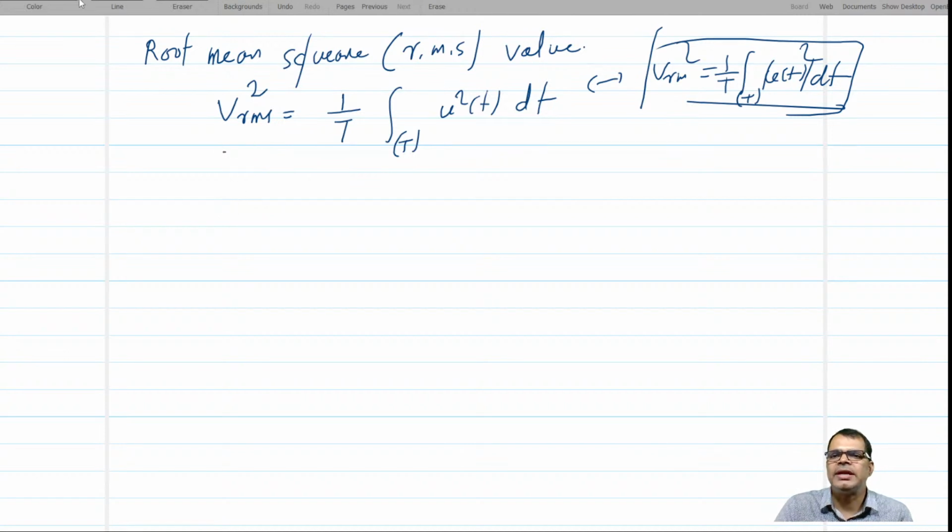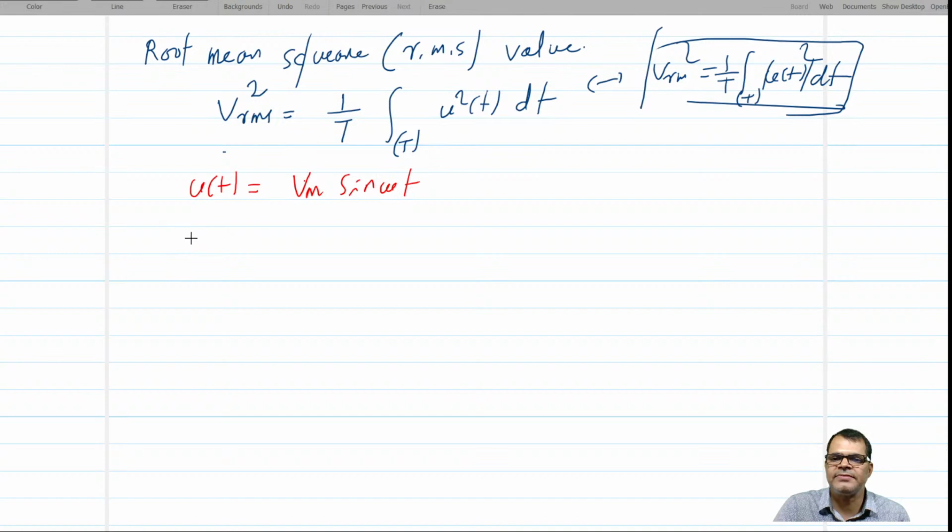So let us calculate the RMS value of a sinusoidal wave. This time, cos or sin will have the same RMS value because both qualify as a sinusoidal signal, Vm sin omega t.